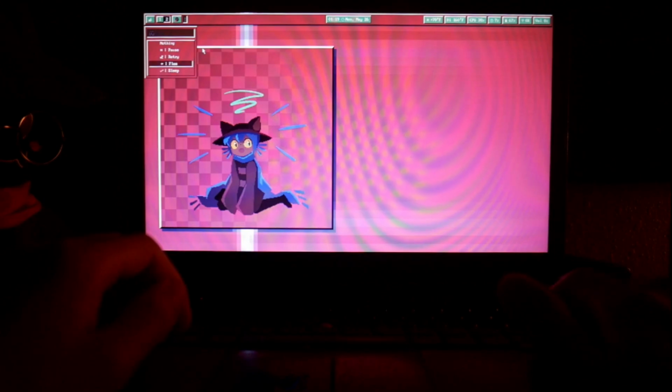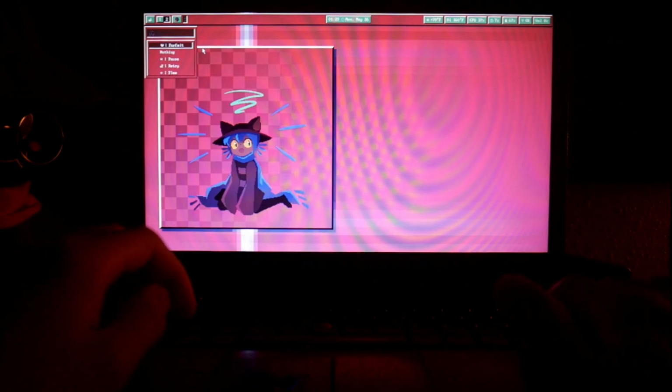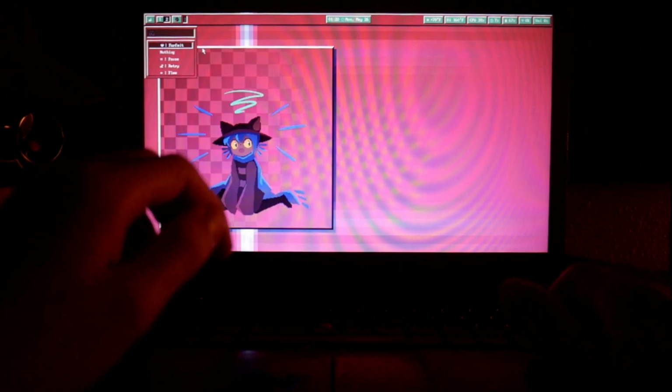So sleep is putting it into sleep mode, fleeing is logging out, retry is restarting, pause is locking the computer, nothing is nothing, duh, and forfeit is shutting the computer down.